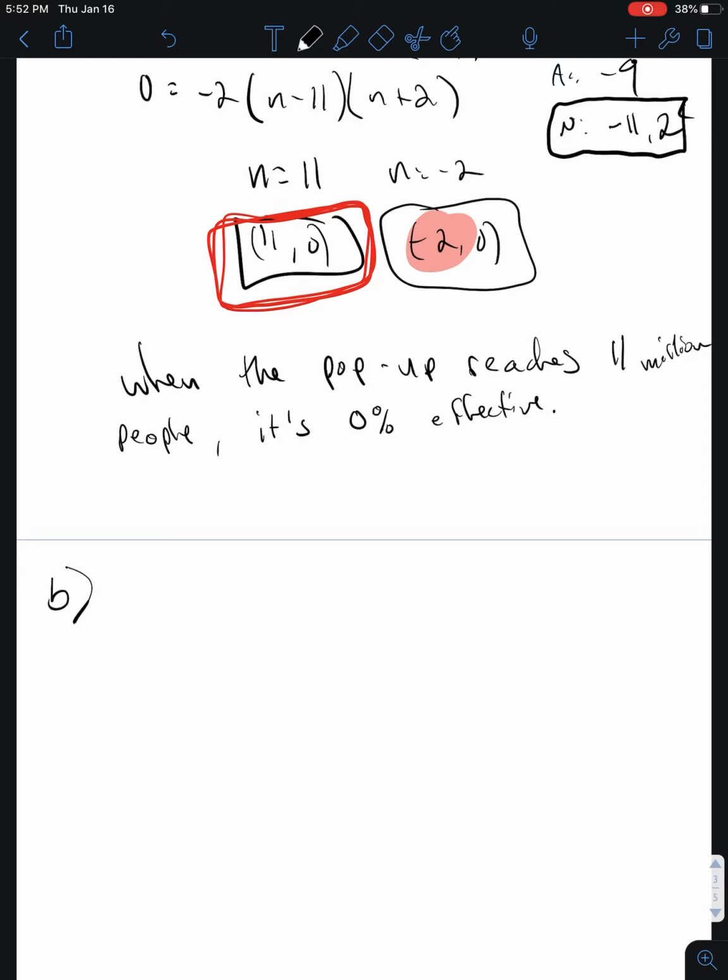Part B is a little more familiar because it's just asking about the maximum. So now we're on B. There's an easy way to do this and a not so easy way. They're both kind of easy if you know how to complete the square, but one is definitely less work than the other.